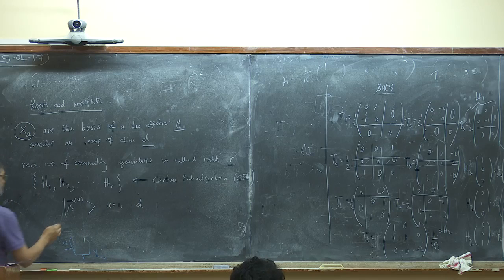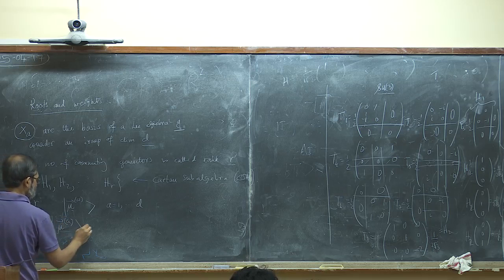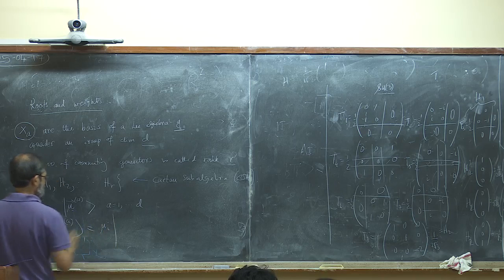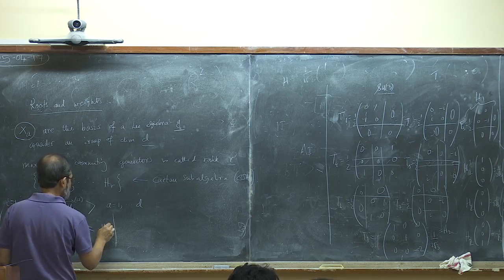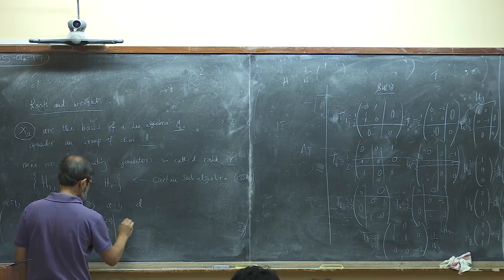This mu satisfies the following property: when H_i, for a particular i, where i ranges from 1 up to r, that is, a particular element of the Cartan subalgebra, acts on this eigenvector, it gives me mu_i times the same eigenvector.